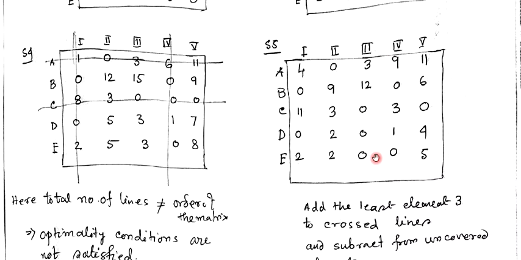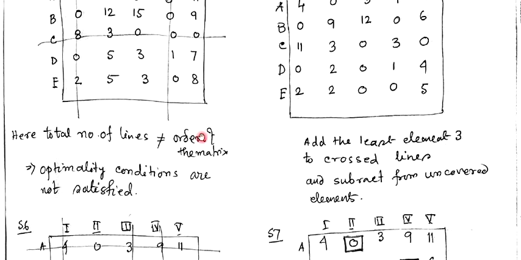After that, we have to determine the minimum number of horizontal and vertical lines to cover all the zeros in this resulting matrix, and the minimum number of lines drawn must equal the order of the matrix, which is the condition of optimality. Here the number of lines drawn is 4, which is not equal to the order of the matrix, therefore optimality is not satisfied.